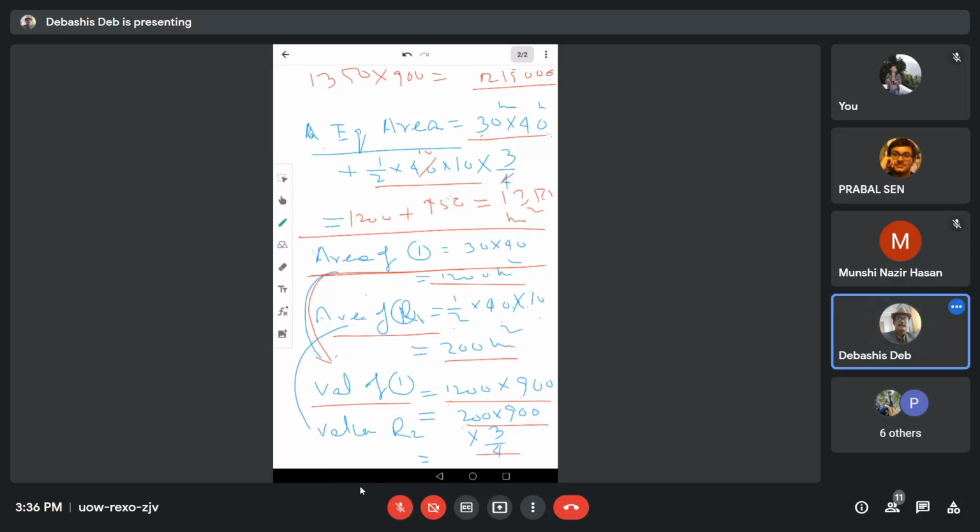Value of 1 is 1080000. Just calculate this: value of 1 plus value of R1.